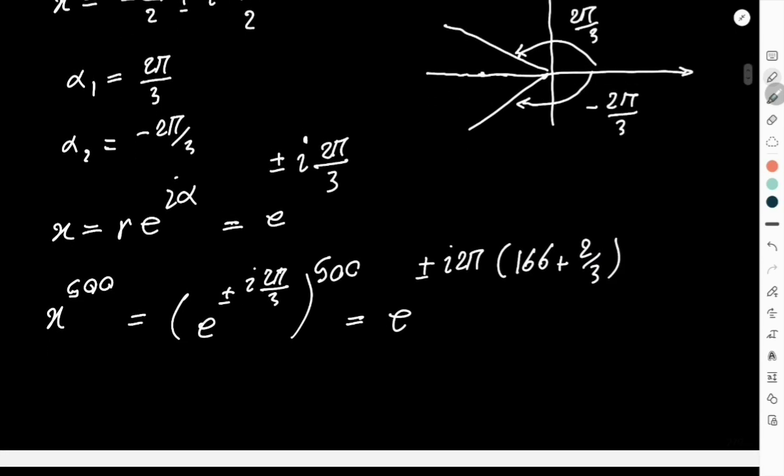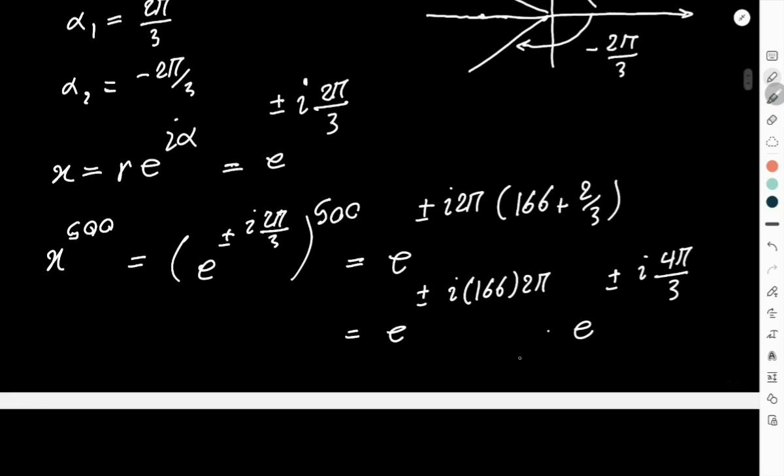So this equals, basically you can expand it here. This is e to the power of plus minus i 166 2π, times e to the power of plus minus i 4π over 3.